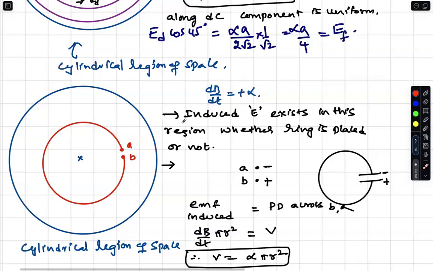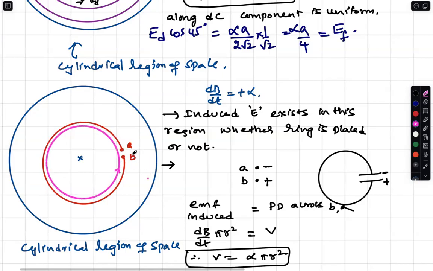Then you will have the electric field lines. How are the electric field lines in this region of space? In this region of space, the electric field lines are concentric circles. Like this.